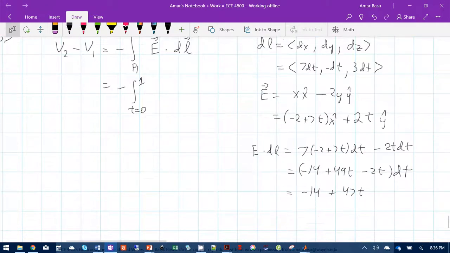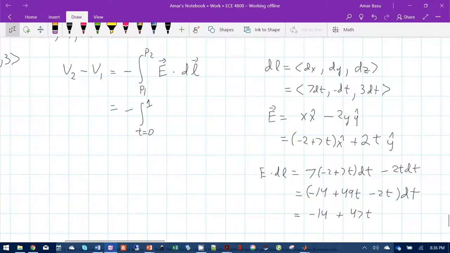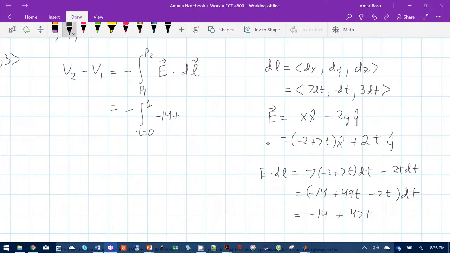Of E dot dl, and E dot dl is negative 14 plus 47t. All right, so this then becomes negative 14t plus 47 over 2 t squared, going from 0 to 1.